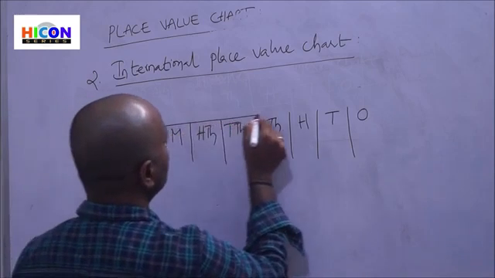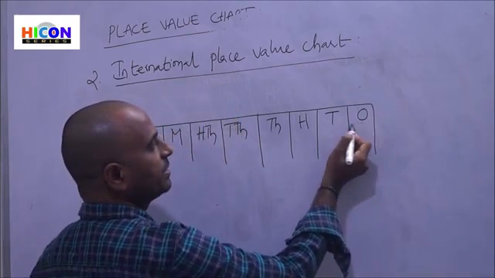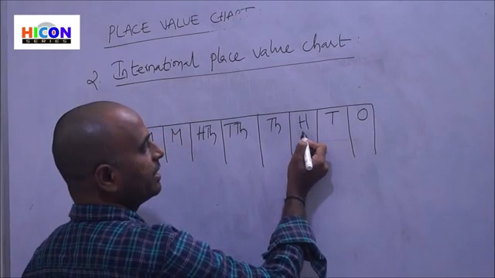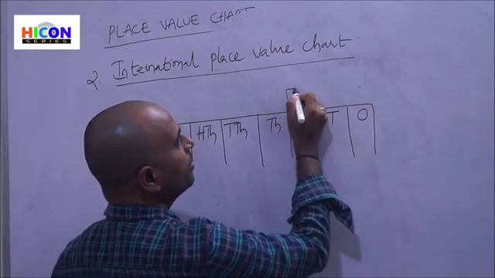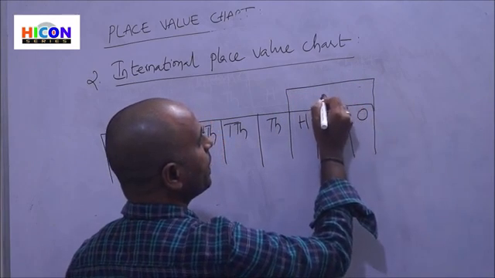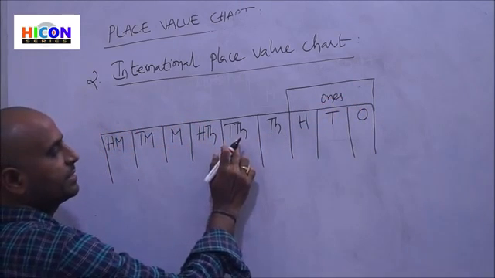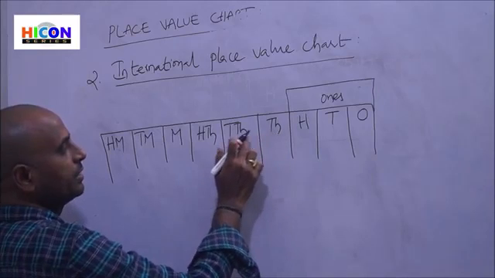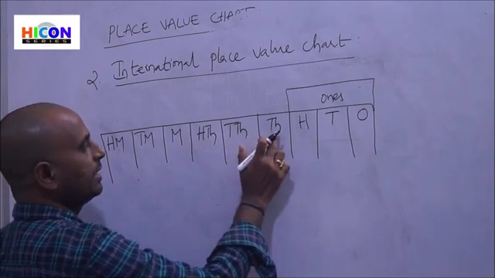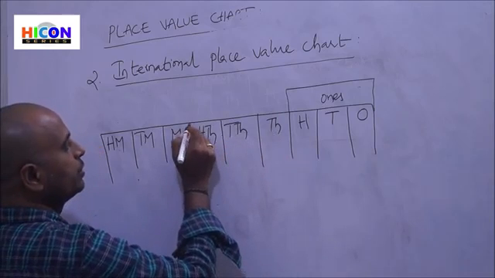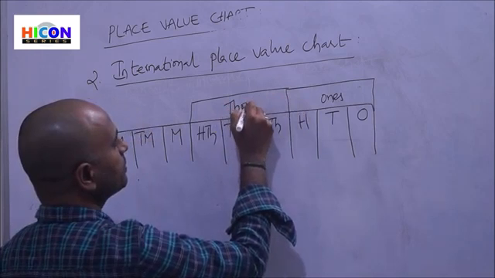In these places, the first three places, that is ones place, tens place, and hundreds place, together are called ones period. The next three places, that is thousands place, 10,000s place, and 100,000s place, together are called thousands period.